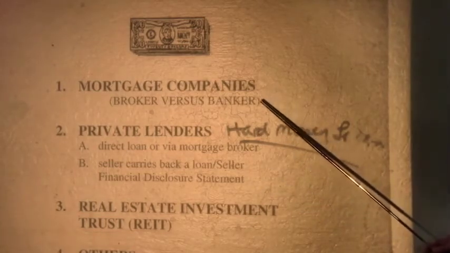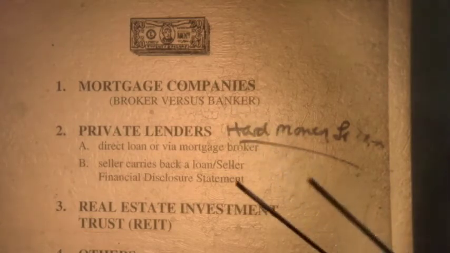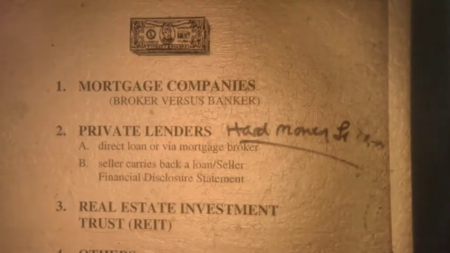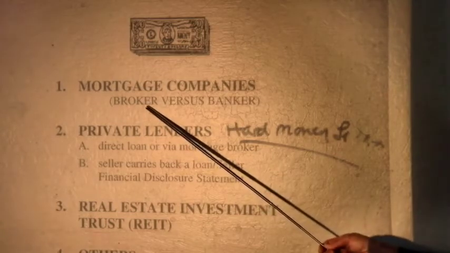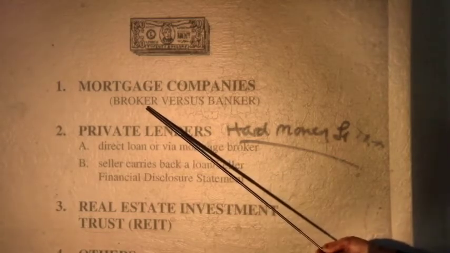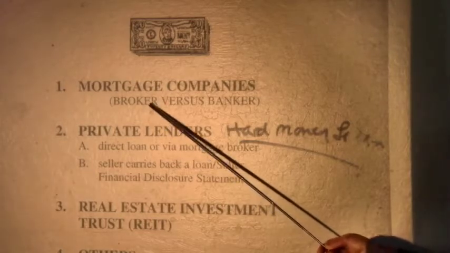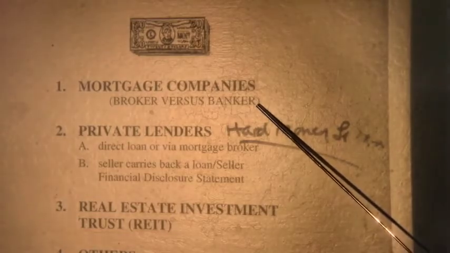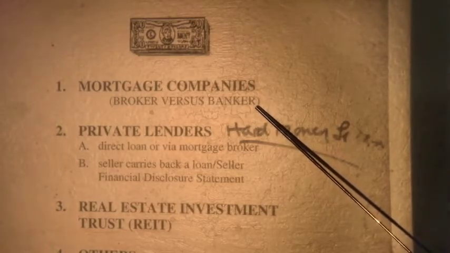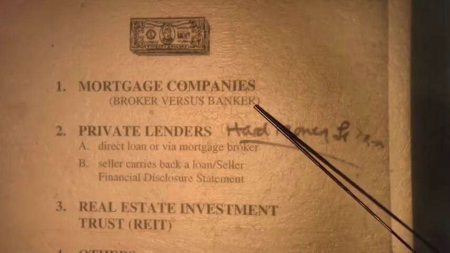And mortgage companies, the difference between a broker and a banker. A broker is a wholesaler. That means he doesn't really have money. For example, you're a broker, but I broker out money from Bank of America, Wells Fargo. A banker actually has a line of credit and investors' money in their account.